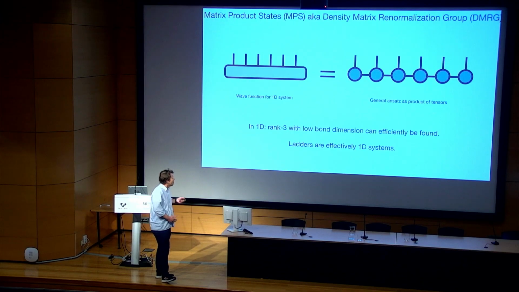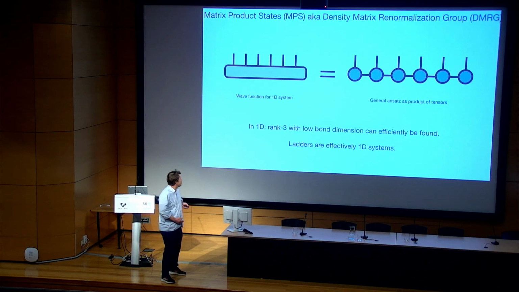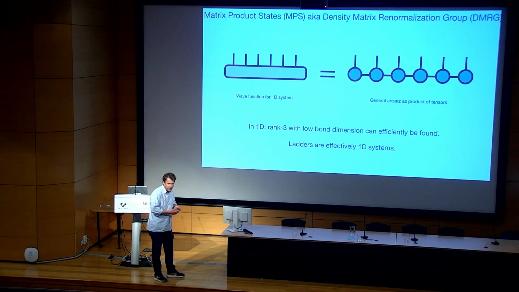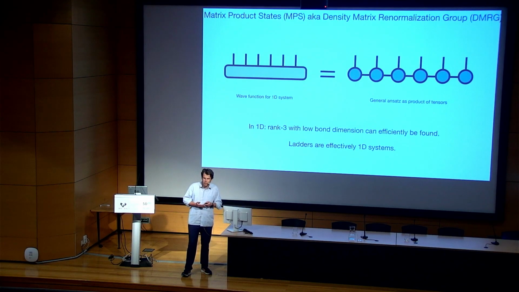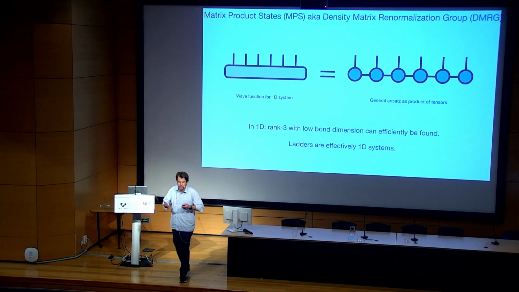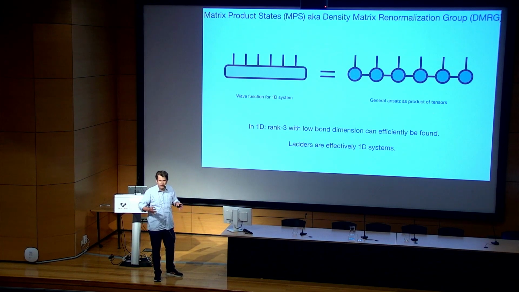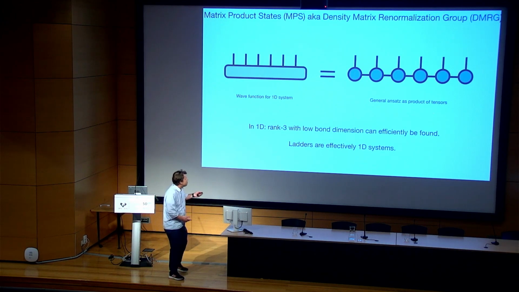And now in 1D systems, there is something which makes this ansatz very efficient. In typical physical states, also beyond 1D, there is an entanglement law, which is called the area law. This means that the entanglement of a subsystem scales with the area of the subsystem. And in 1D, this means actually that the entanglement between two subsystems is just a constant.